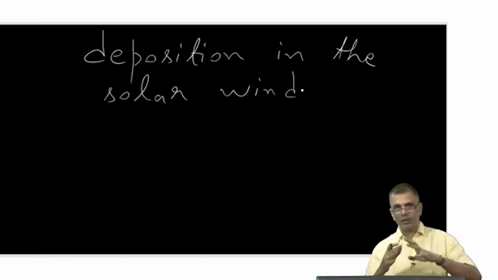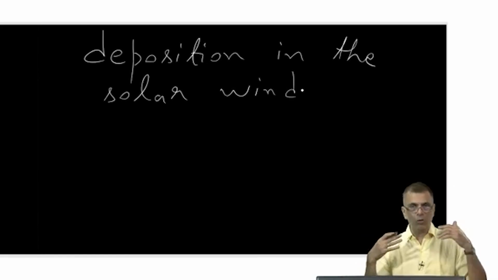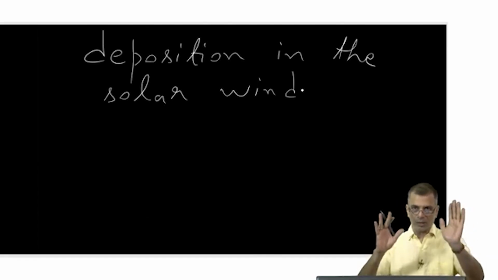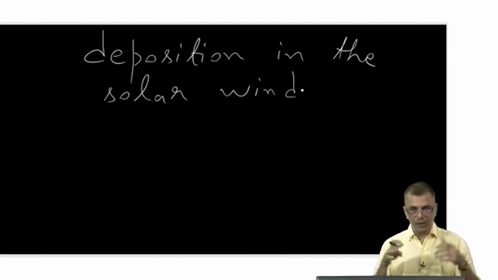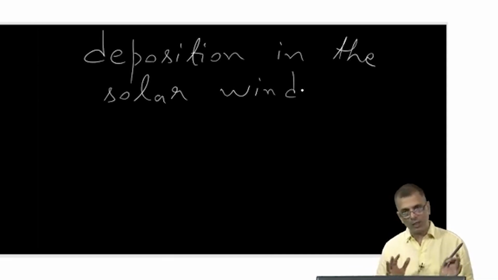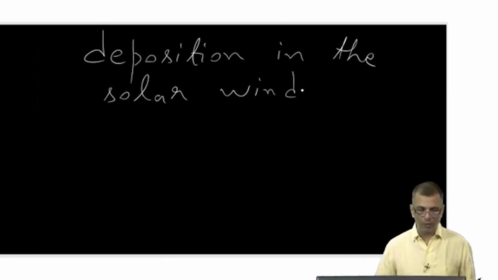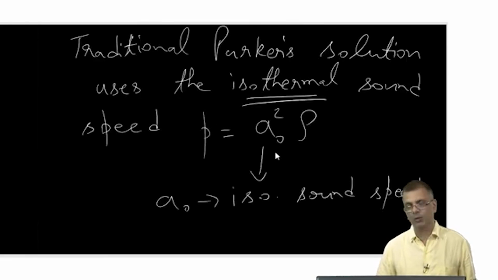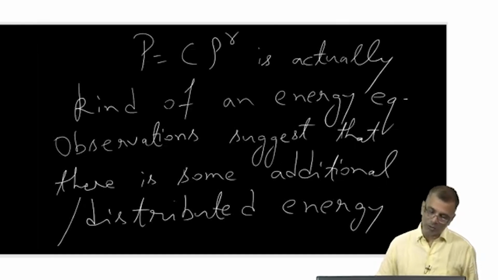Parker solution simply takes a very hot solar wind and lets it cool. As the solar wind cools, it accelerates. The thermal energy is converted losslessly, so to speak, nicely into the bulk kinetic energy of the flow. That is what this solution with the isothermal equation of state predicts. Now, it turns out that this doesn't quite agree with the observations.